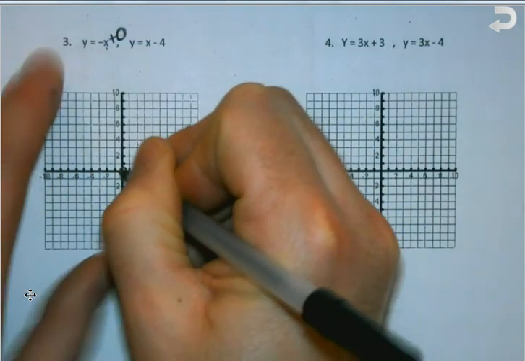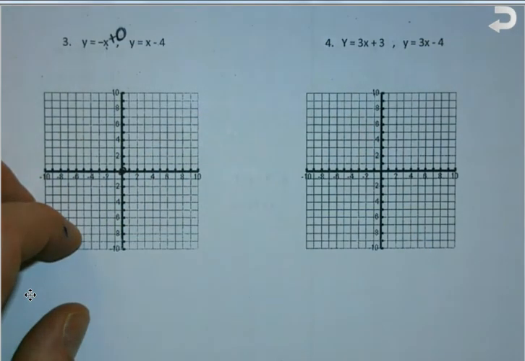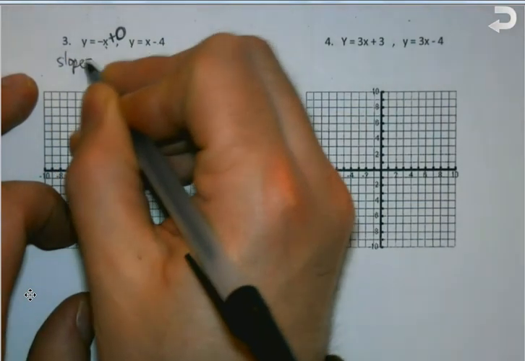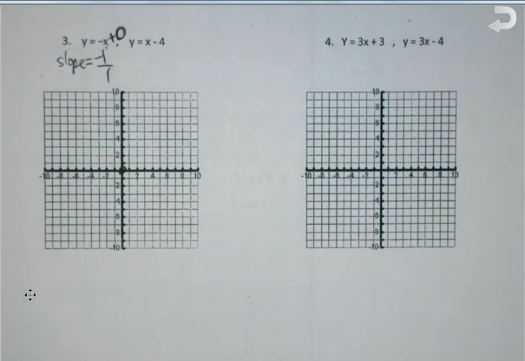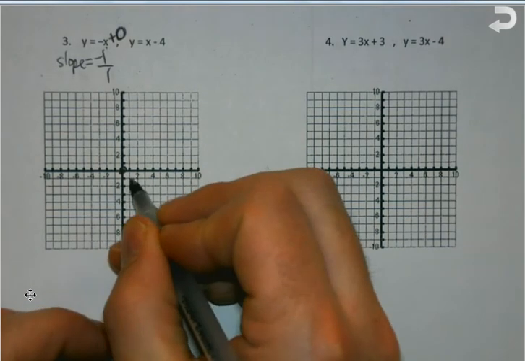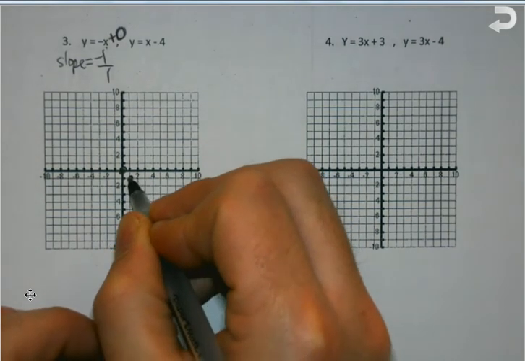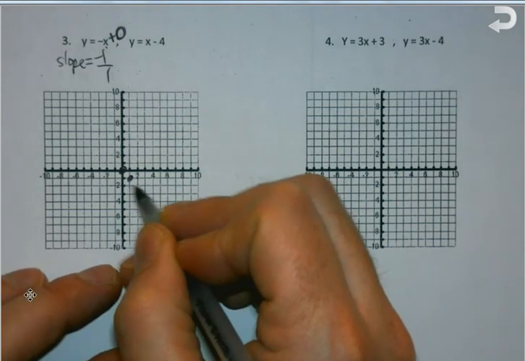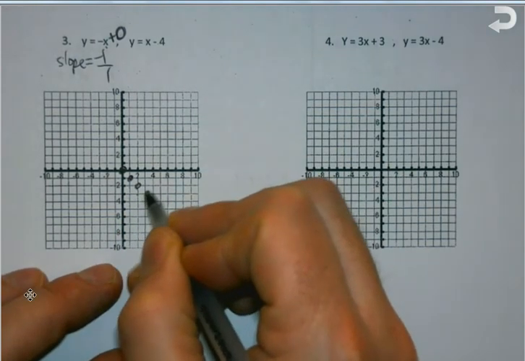So I'm going to start at 0. And similar to what we did in number 1, my slope is negative 1 over 1, because that negative in front of the x makes my 1 negative. So down and right. Just because the number on the top's a negative doesn't mean the number on the bottom is. Down and right, down and right.